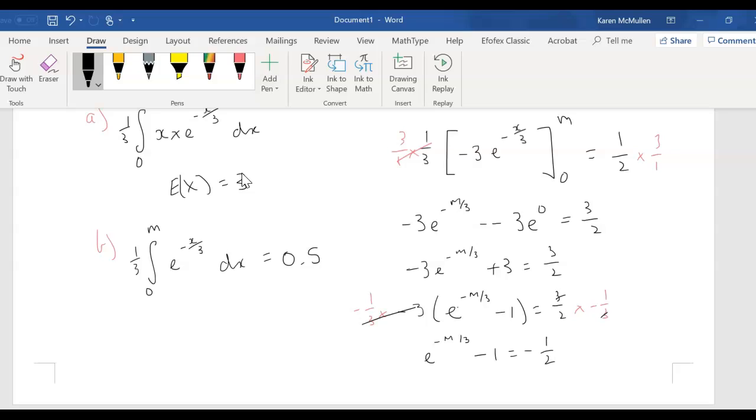All right, so e to the negative m on 3. Bringing that 1 over will then make that positive 1/2 on the right-hand side. Then taking the natural log of both sides.